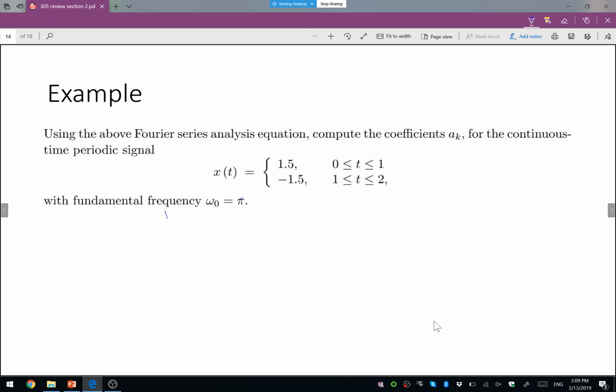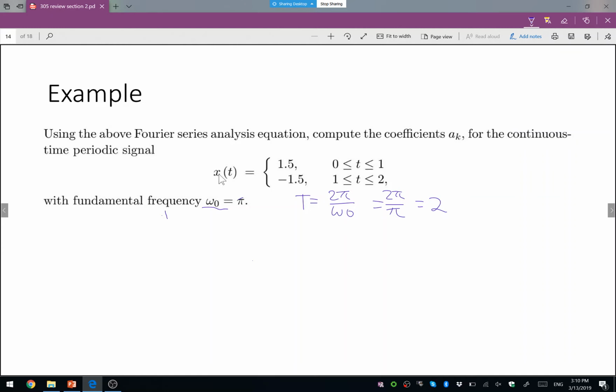So let's do this problem. First, because the frequency is given, let's try to find the period. T equals 2 pi over omega 0. That is 2 pi over pi, which is 2.